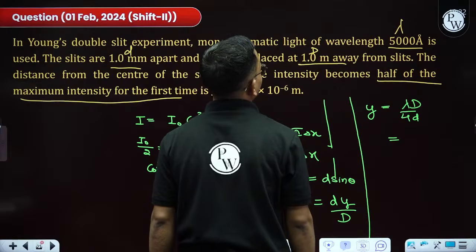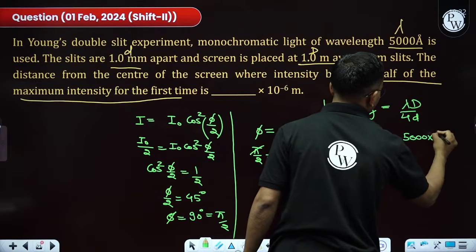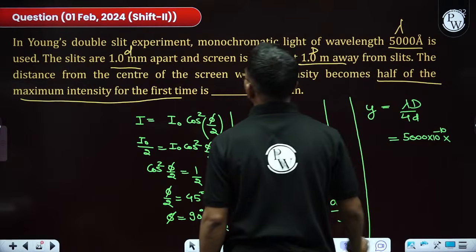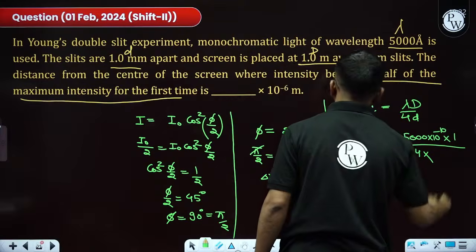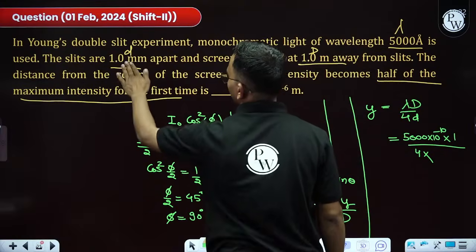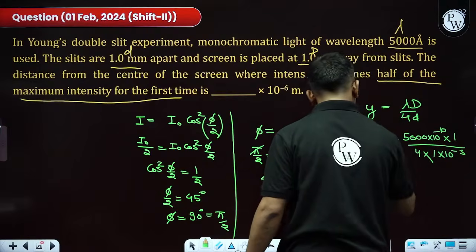What is lambda? 5000 Angstrom it is. What is capital D? 1 meter, divided by 4. What is small d? 1 mm. So this comes out to be my y.